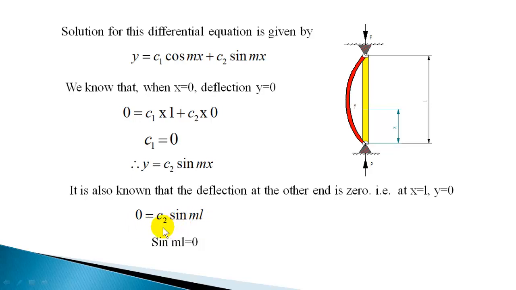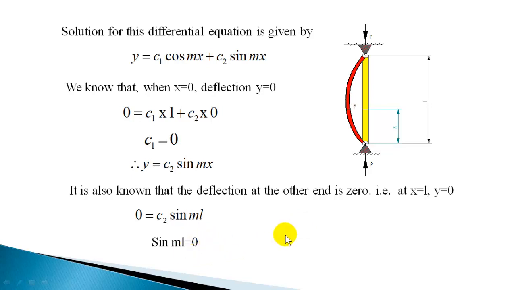Now in this case, C2 cannot be 0. C2 being 0 means, since we already got C1 as 0, that y will be 0. There will not be any sideways deflection at all. C2 being 0 means there is no buckling, no deflection. So buckling occurs only when sin mL is 0. Sin mL has to be 0.